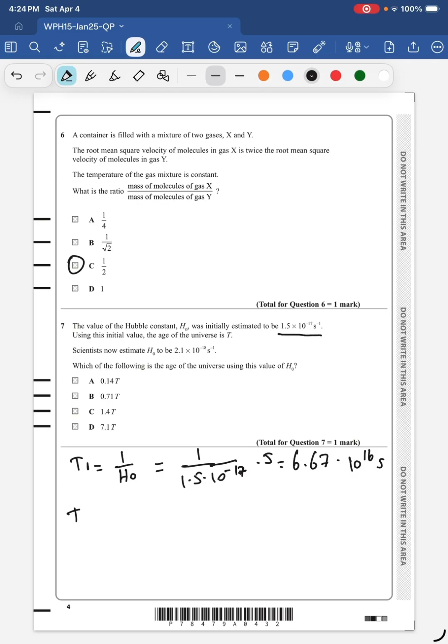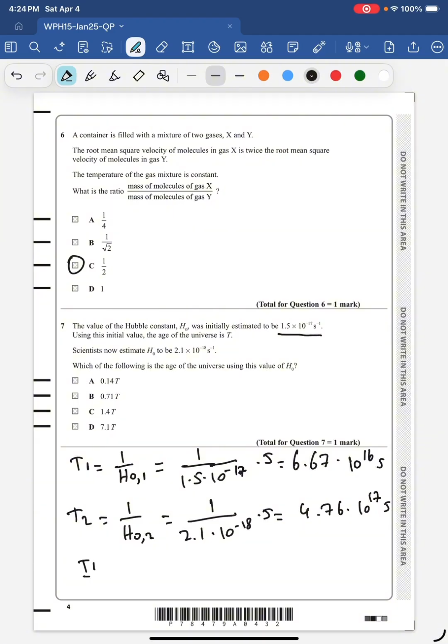Now with the new Hubble constant, let's do t2 is 1 over h0, let's call it subscript 2, and call this subscript 1. So this is 1 over 2.1 times 10 to the negative 18, and this is in seconds. And if we do this calculation, we will find 4.76 times 10 to the 17 seconds.